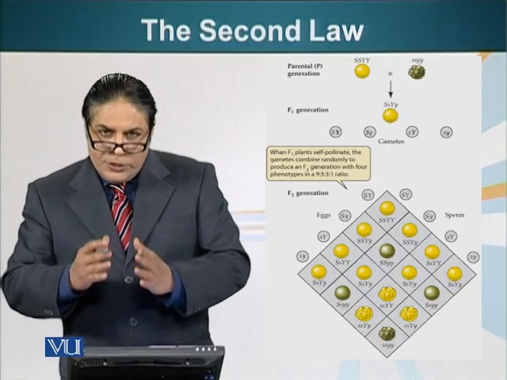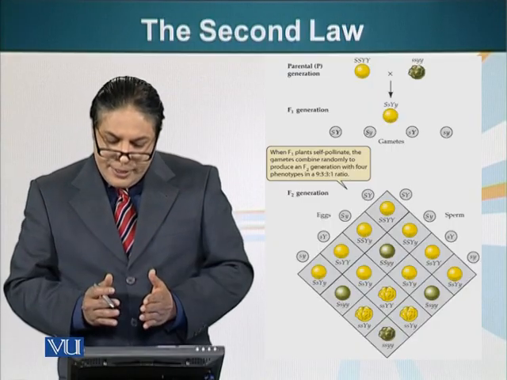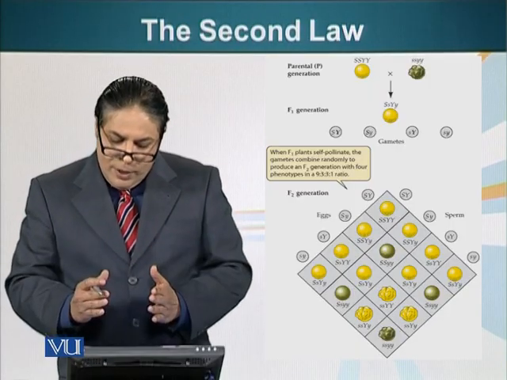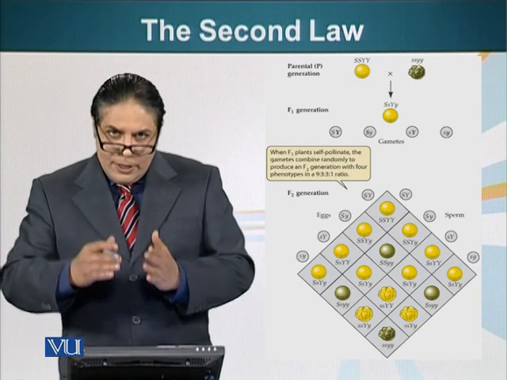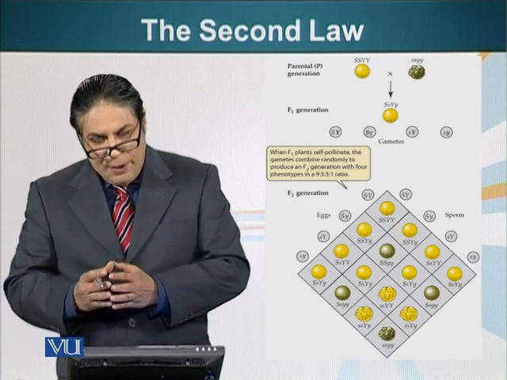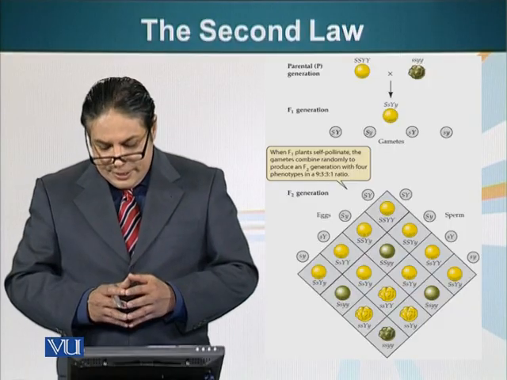If these genes were linked, we could not have possibly gotten a capital S with a small y. If capital S was linked with capital Y, we would not get this result.